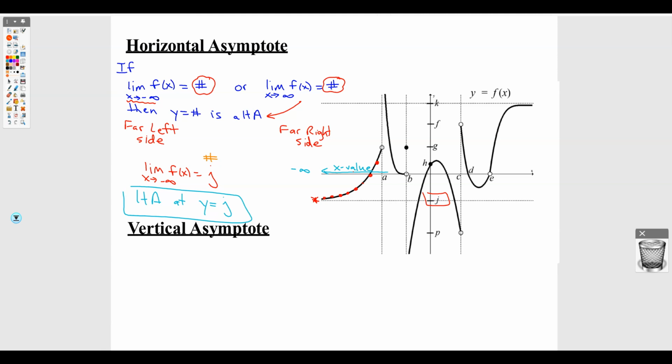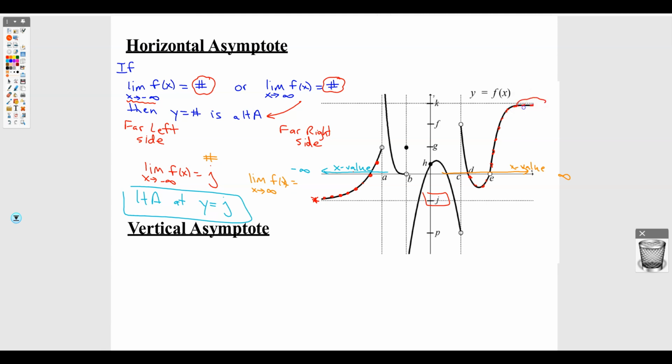All right, you turn around and do the exact same thing for the right side, the far right of the graph. So this time we're going to take the limit as x approaches positive infinity. So if we start letting the x value come farther and farther to the right, so way out here at positive infinity, as far out to the right as we can go, what are we getting for the y value? So as I start picking, let's say I'm right here, so these y values come down as you move farther and farther to the right.